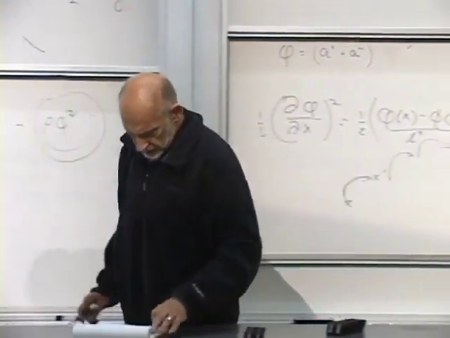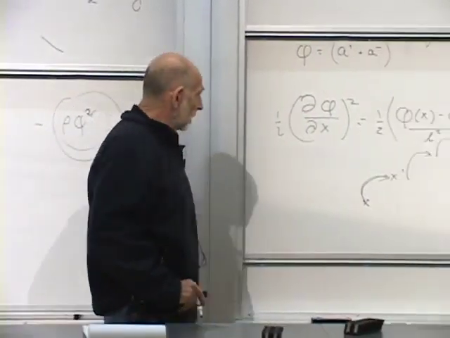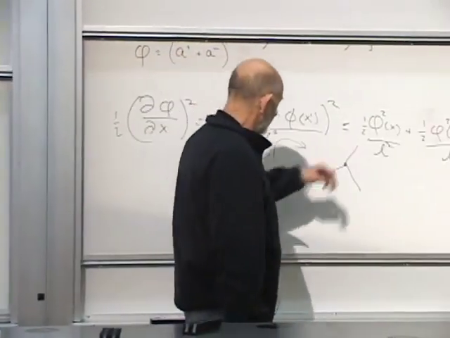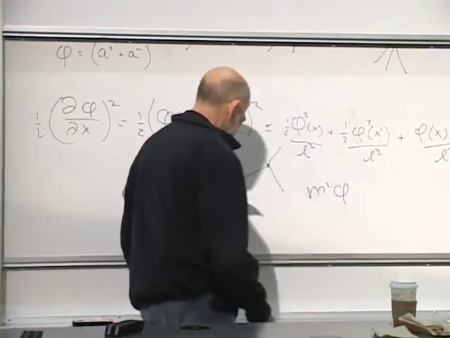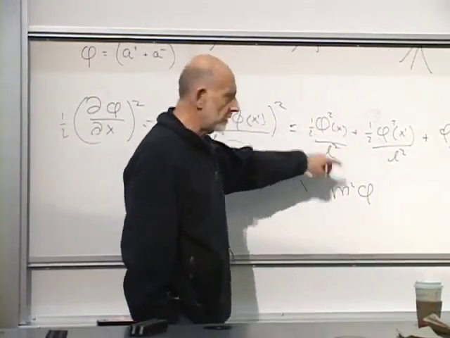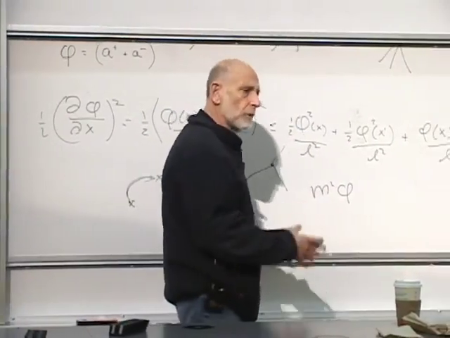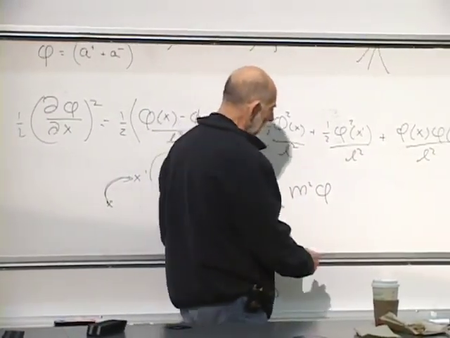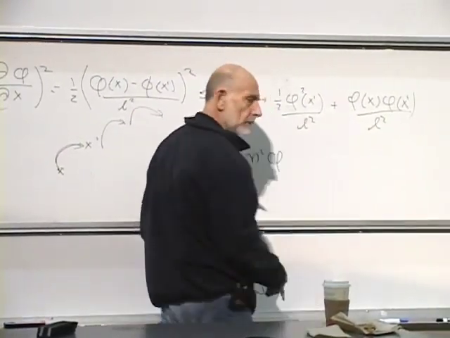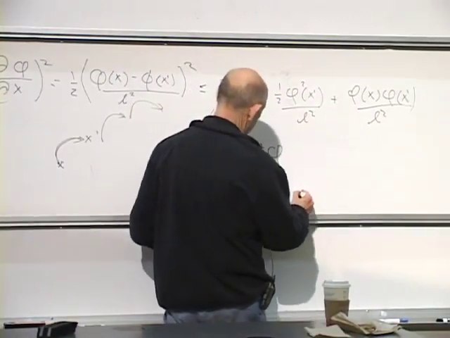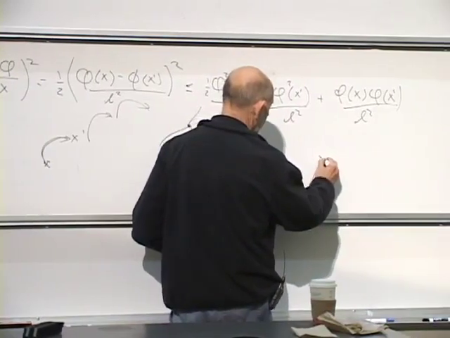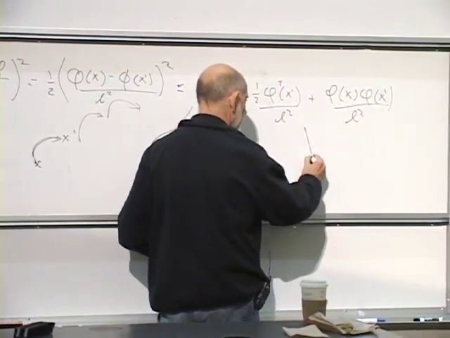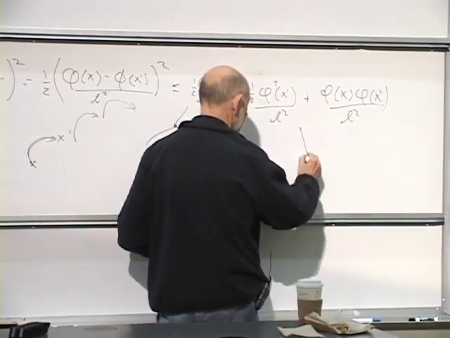Okay. What does the mass term do? The mass term, which is just m squared phi squared, is also sort of like these terms here. It's also something which absorbs and emits a particle at the same point. Let me represent it by saying a particle comes in, m squared over 2, and a particle goes out at the same point x.